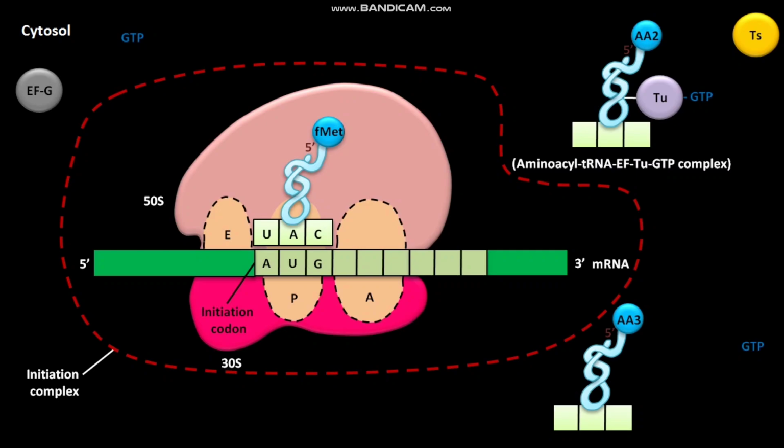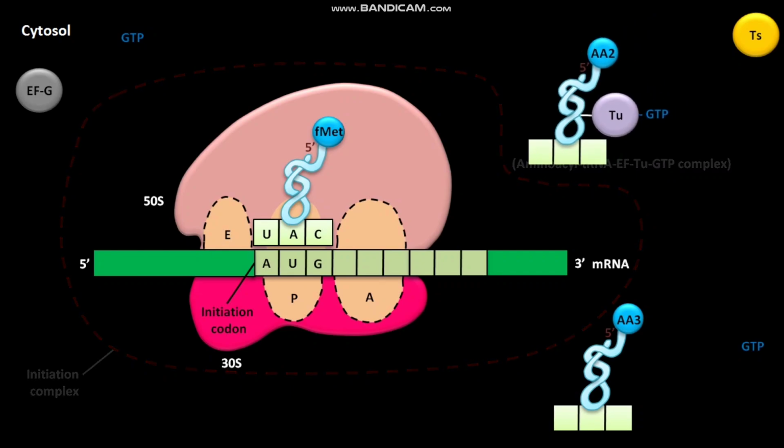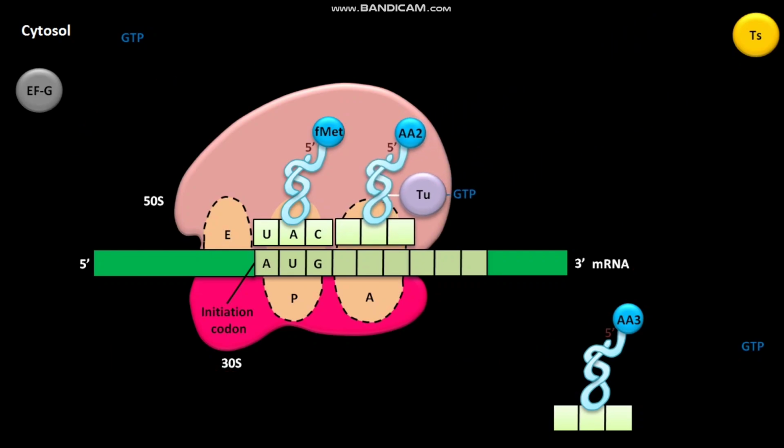The amino acid tRNA EF-Tu GTP complex then binds to the A site or amino acid site of 70S initiation complex. The GTP bound to EF-Tu then undergoes hydrolysis to produce EF-Tu GDP complex and Pi. The EF-Tu GDP complex and Pi are then released from the 70S ribosome.